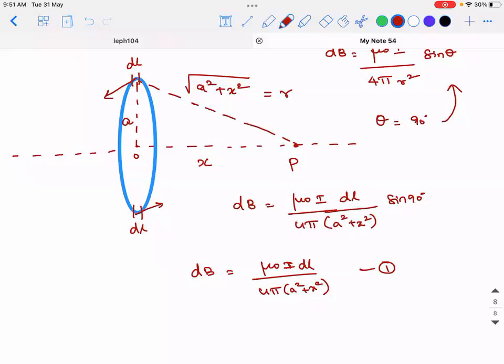It tells you as I into DL vector cross R vector. So DL is in this direction, R is in this direction. So using the right hand thumb rule, can you tell me what will be the direction of magnetic field? So if this is the direction of current, right? And curl the fingers at the bottom. In which direction will it be?